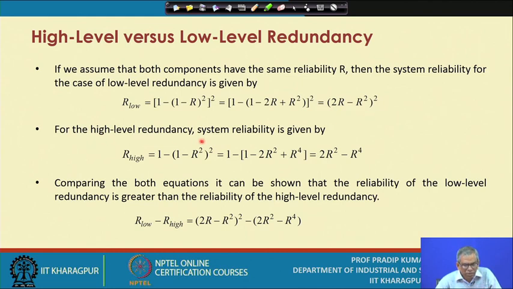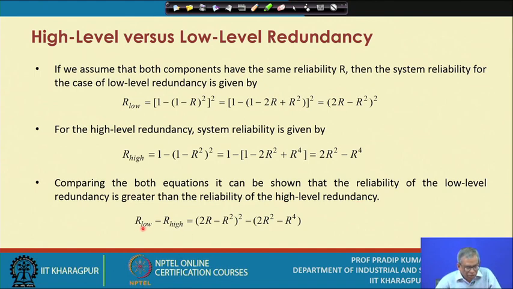For the high level redundancy, the system reliability is given by 1 minus (1 minus R squared) squared, which equals 2R squared minus R to the power 4. Comparing both equations, it can be shown that the reliability of the low level redundancy is greater than the reliability of the high level redundancy. Is that clear?